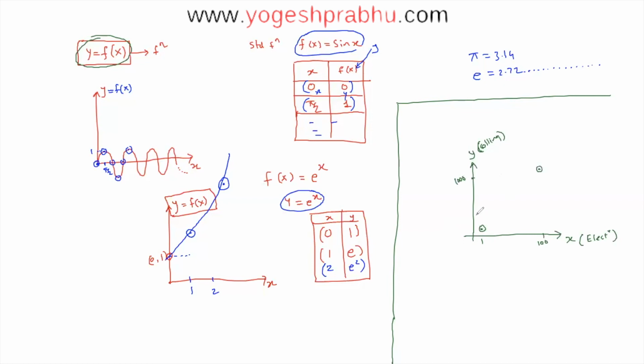And I just plot all these points here, and I can just connect them. And I can say, hey, say I have a Samsung air conditioner, and for that, the relation of its electricity versus cooling is written like this. So that's y is equal to e to the x.